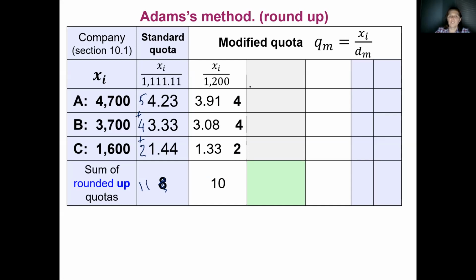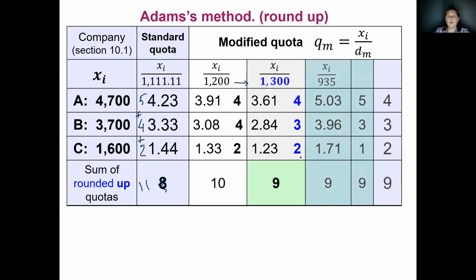So we will increase it a little bit more. Take 1300. Now the modified quotas are 3.61, 2.84, and 1.23. We round them up: 4, 3, and 2. The sum is 9.